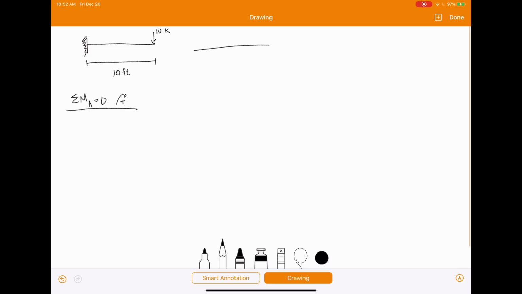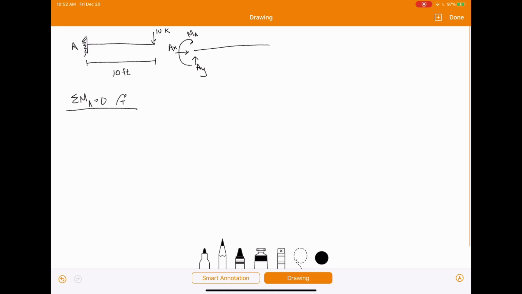Again, draw your free body diagram. So our reactions over here are going to be reaction Y, reaction in X, and we will also have a resultant moment because it's fixed.